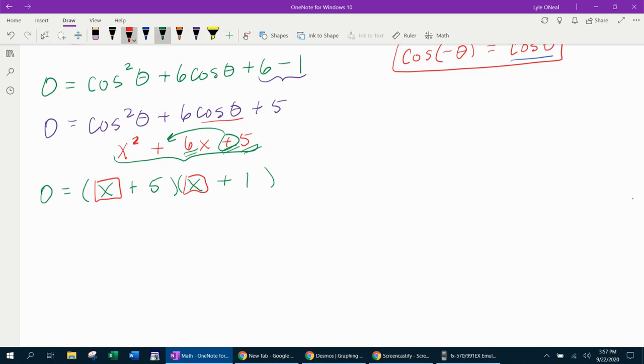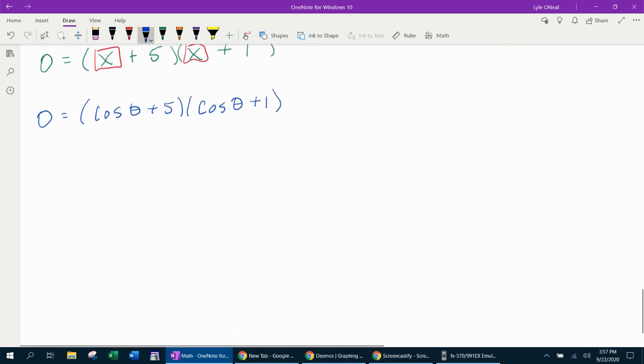So at this point we're going to have cosine theta plus 5, cosine theta plus 1. Those are now my factors. And remember, if you're solving a quadratic by factoring, once you get it factored, you need to set each factor equal to 0 and solve.